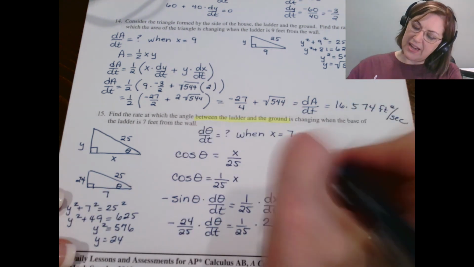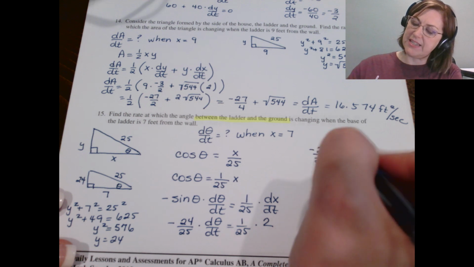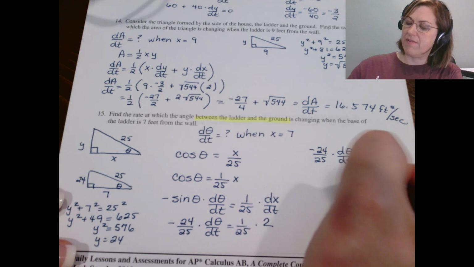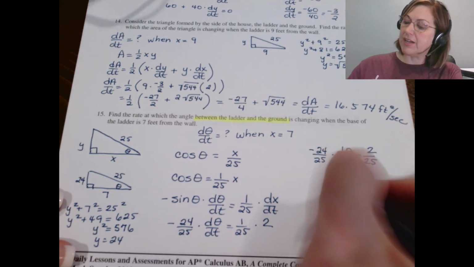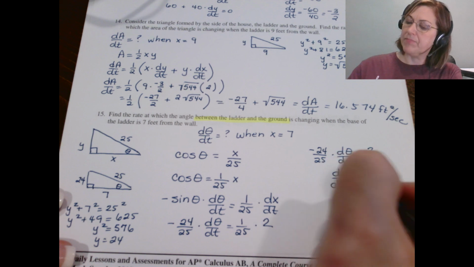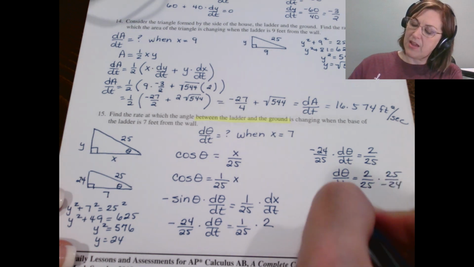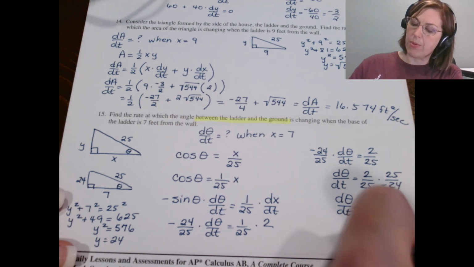So now I've got negative 24 over 25 times d theta dt equals 2 over 25. And now you can flip and multiply the negative 24 25ths. So you've got 2 over 25 times 25 over negative 24. So d theta dt is negative 1/12.